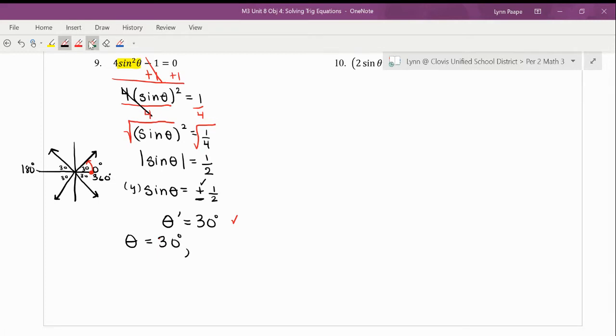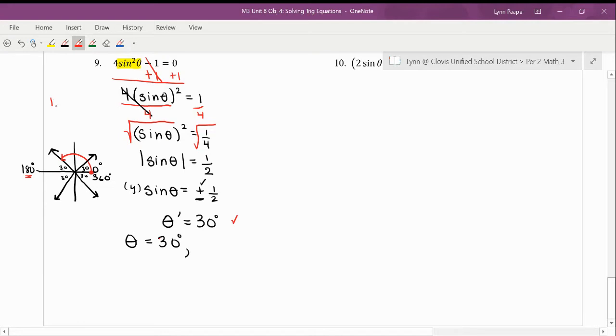So now let's go ahead and erase this line right here. Well, that's not the line I was trying to erase. That's okay. All right, so now let's go to quadrant 2. I'm rotating. How far do I rotate to get to here? What I do know is I didn't make it to 180.